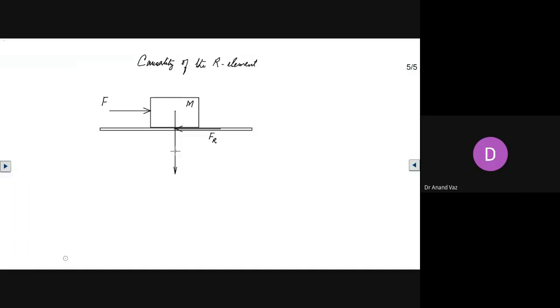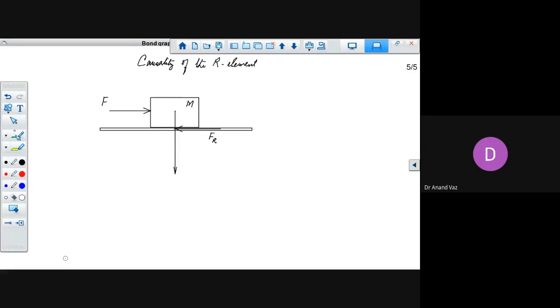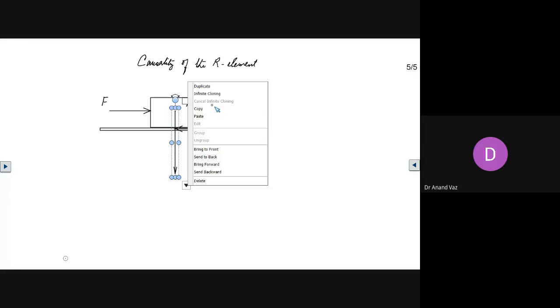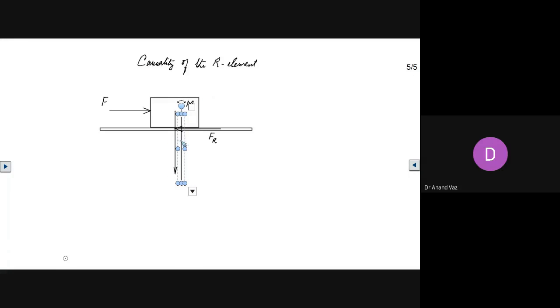I've deliberately taken it slightly shifted, just to distinguish.